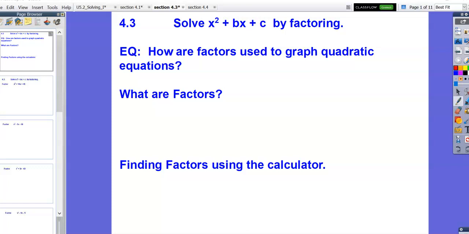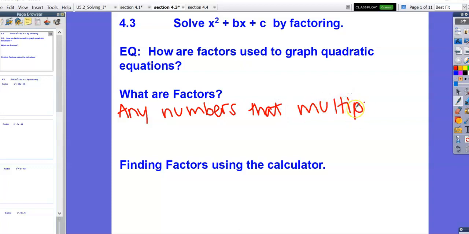So first, what are factors? They're any number or any numbers that multiply to make a third number.